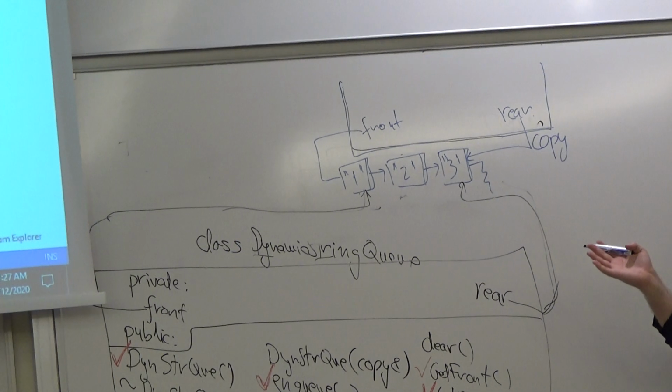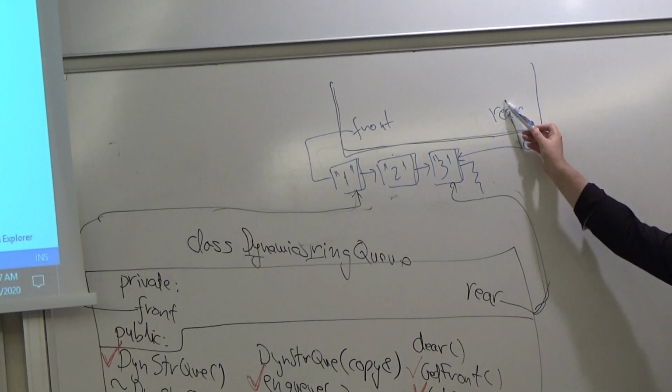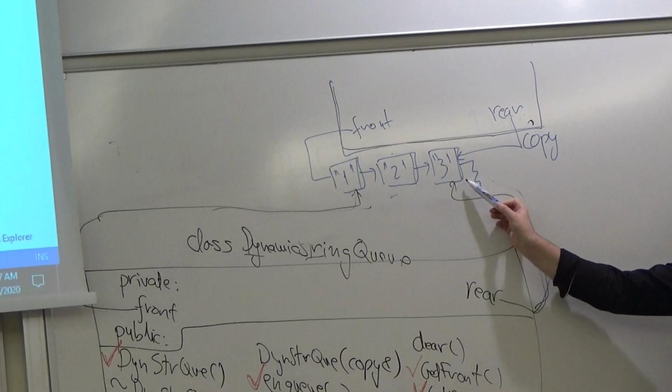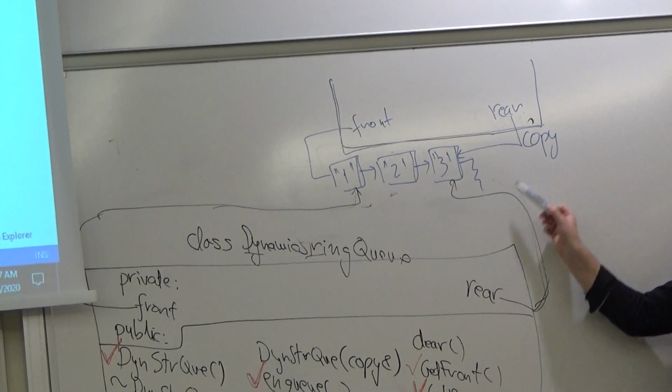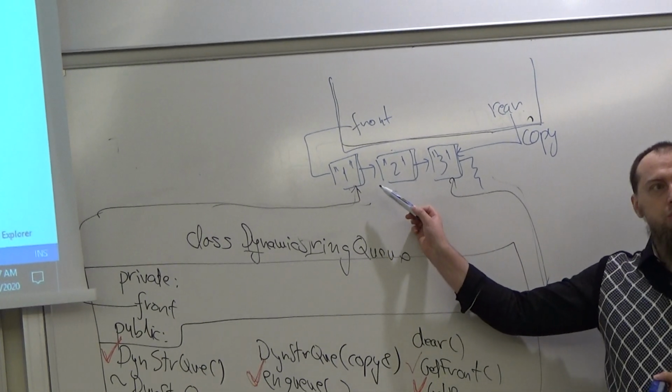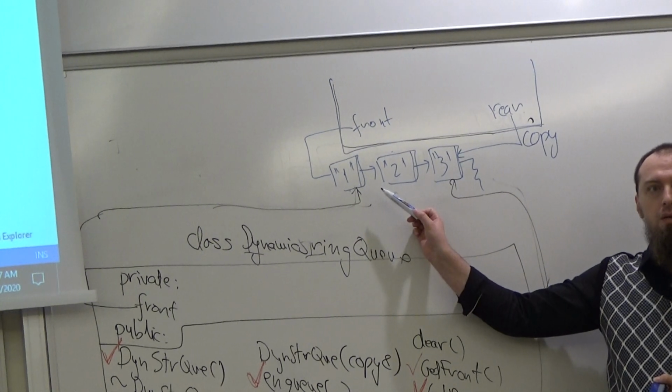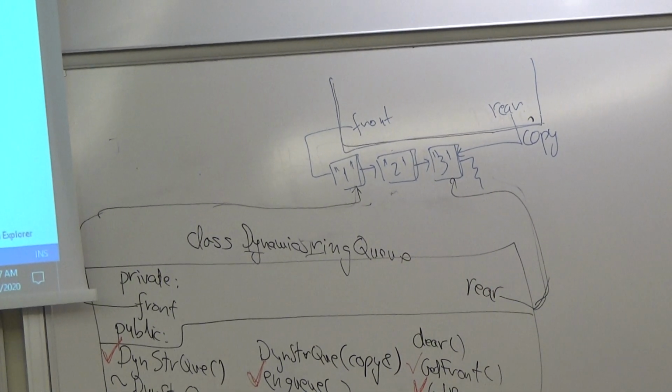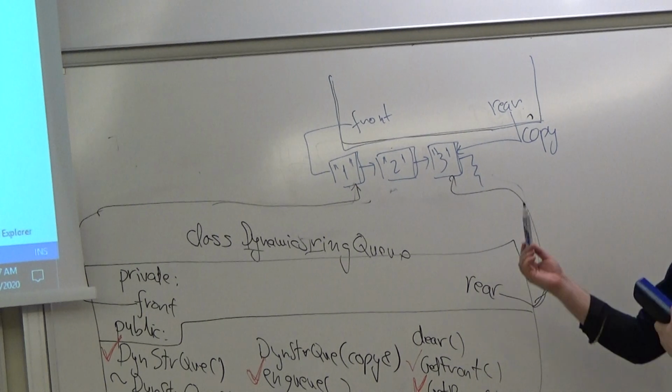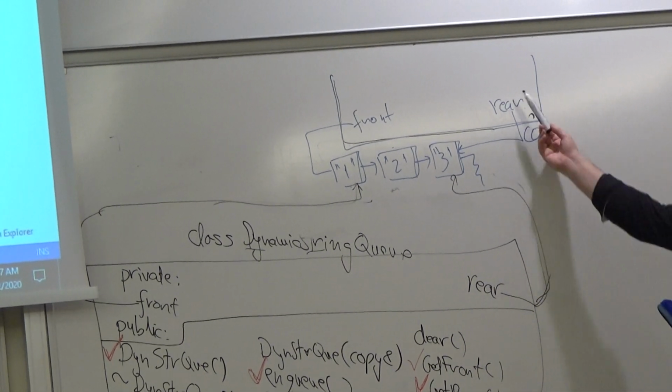However, do you see any problem over here? What if copy changes the queue? It might add some elements, or it might delete some elements. What are we going to see? So let's say this copy that I want to clone myself to be like this guy.